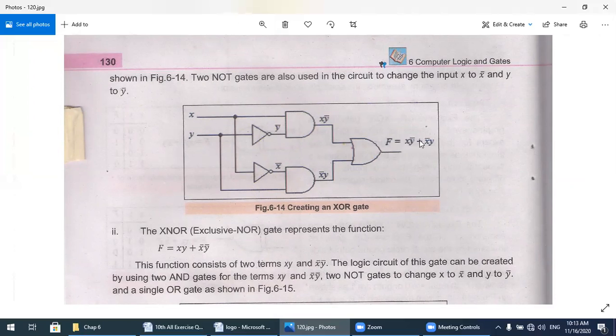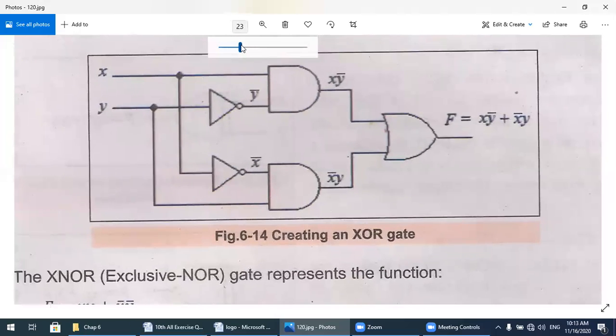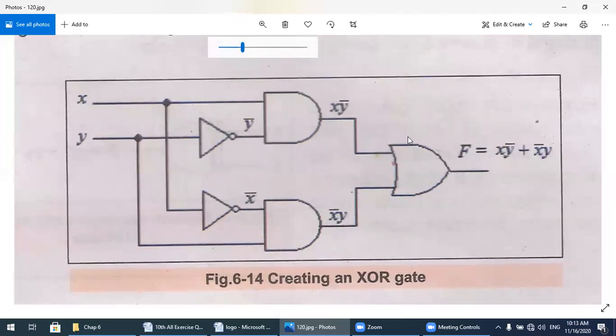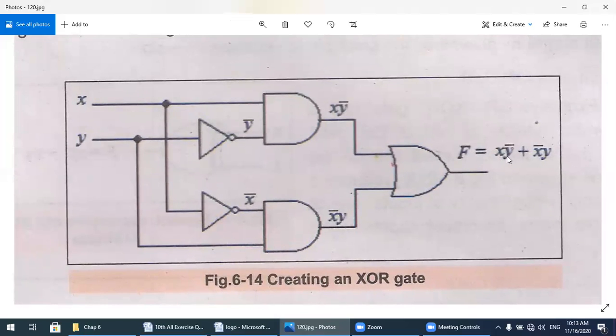Now watch here how they are making it with the help of basic gates. There are two inputs, x and y. Let me make it a little more visible to you. We have the equation for the exclusive OR gate, x y complement plus x complement y.